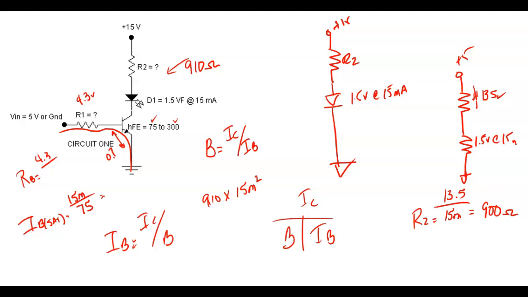Something microamps, yeah, but what is it? You got it? 4.3 over 198 microamps would be equal to the base resistor, which is R1.